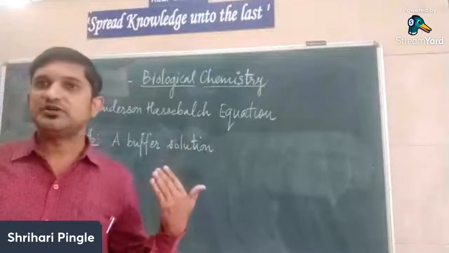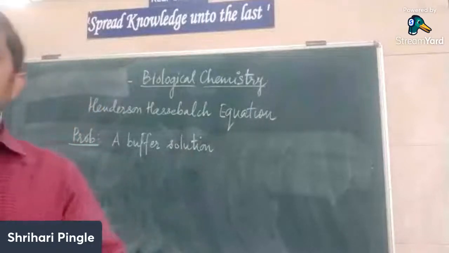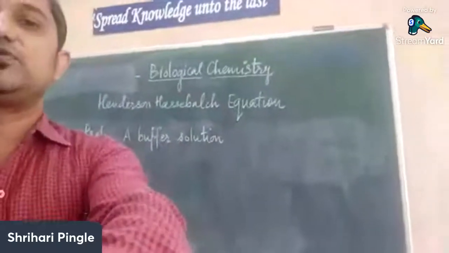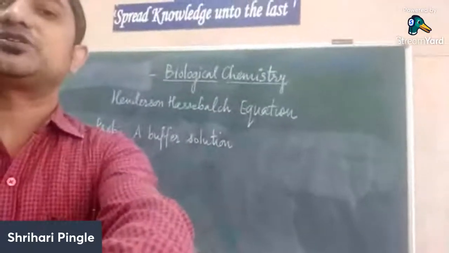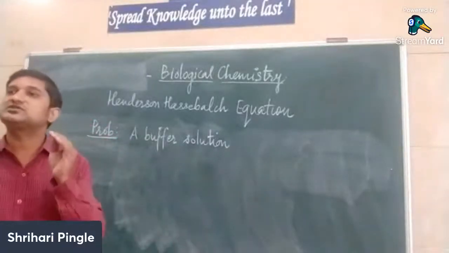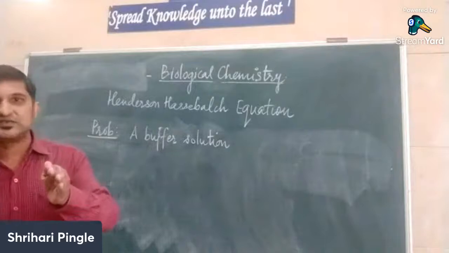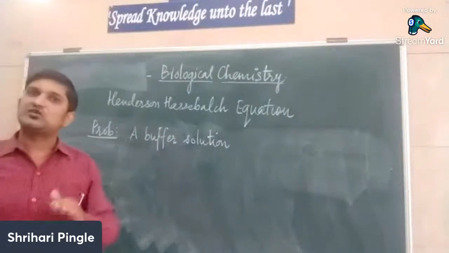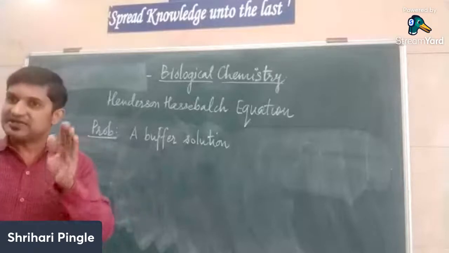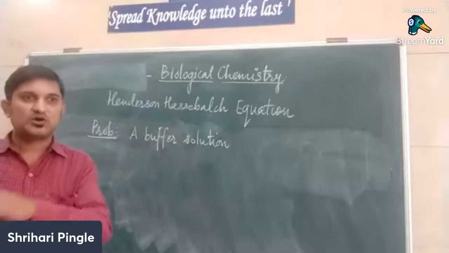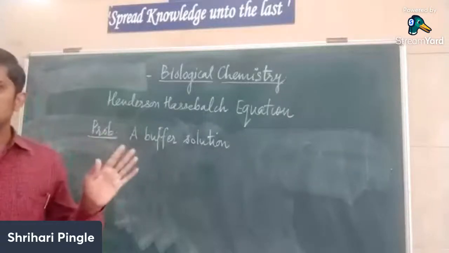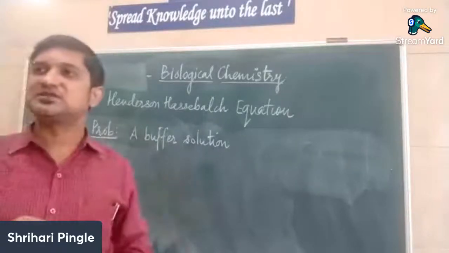Now this is what we are going to discuss next after talking about the Henderson Hasselbalch equation. What is a buffer solution? As we'll discuss, a buffer is a solution of a weak acid with its corresponding salt, or a weak base with its corresponding salt. I'll tell you examples later on, once we finish this exercise.